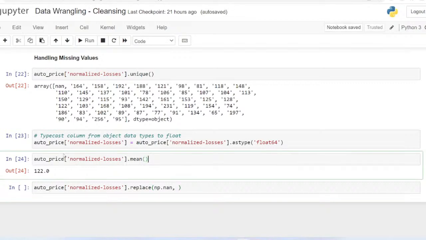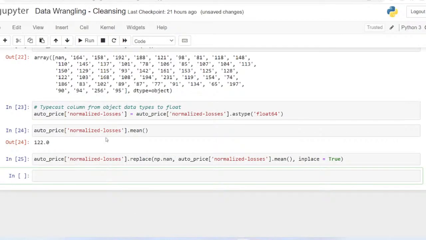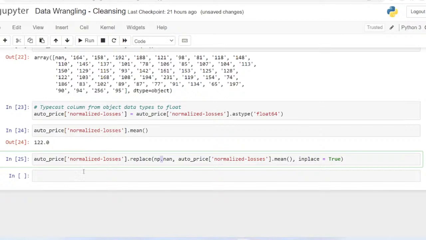By this mean value. And then we pick inplace equals true. Now we successfully replaced the nans by the average of normalized losses, and we got the value here. Okay, so that's how it works.